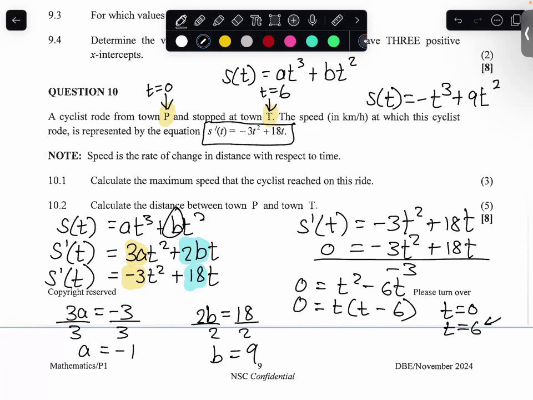Now, I need the distance at time is equal to 6 because he started at time is equal to 0, ended at time is equal to 6, and this is where he stopped at town T, which means that is the distance between P and T. Whatever it is, meters or kilometers, kilometers in this case, when he reaches time is equal to 6 hours, that is the total distance between town P and town T. So I'm going to say at time is equal to 6 is where he stopped.